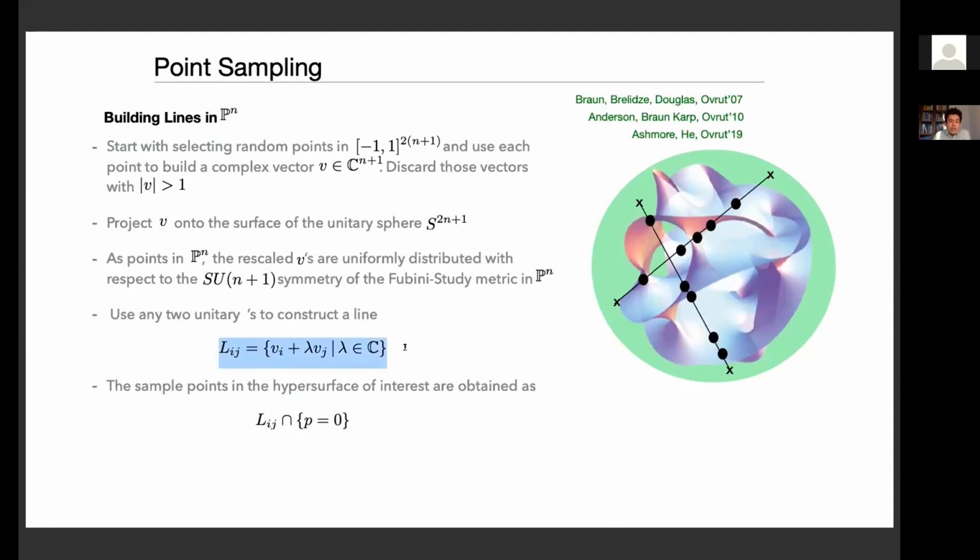And the points in the hypersurface that we sample are basically the points in the line that lie at the intersection with the hypersurface equation equals 0. So basically, here's a sketch of what was done. You take these lines that are built from random points, and if this is the quintic, what you'd get is 5 points for every line that you have.